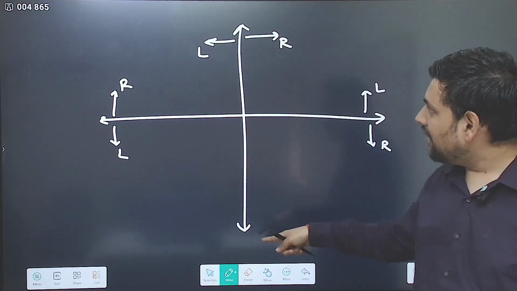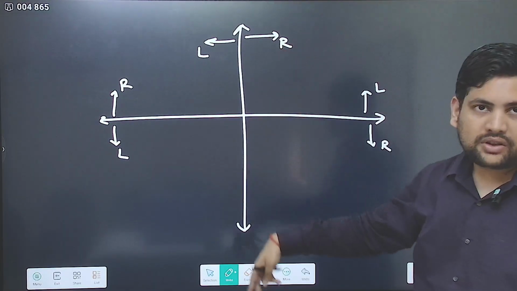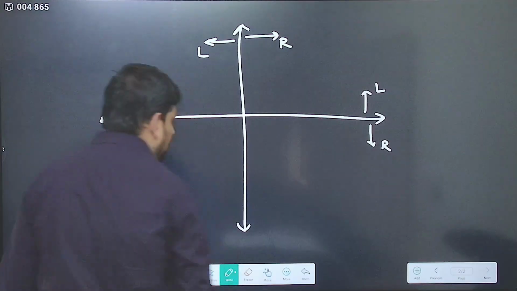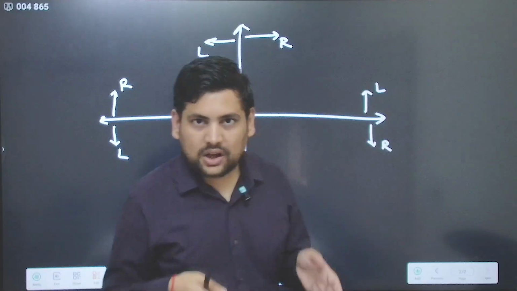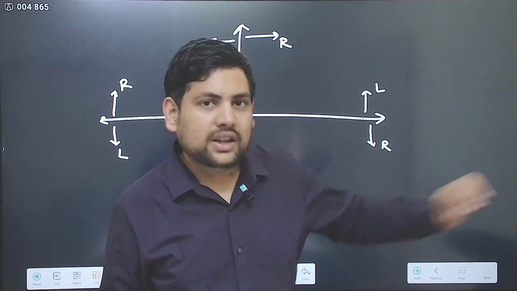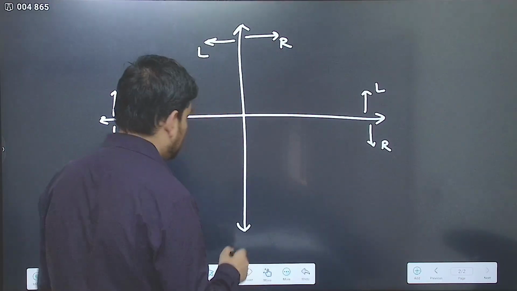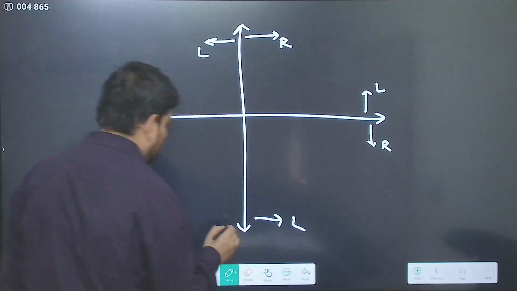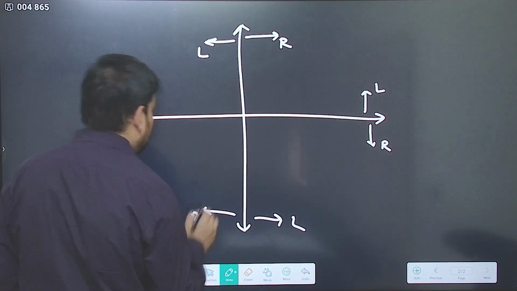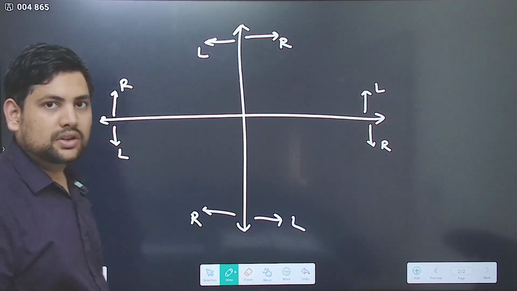Similarly, what you have for south will be just opposite of what you have for north. So if you can imagine, then if I am going south, that is towards like this, then this will be my left and this will be my right. So this is left and this is right, exactly opposite to what is for the north.